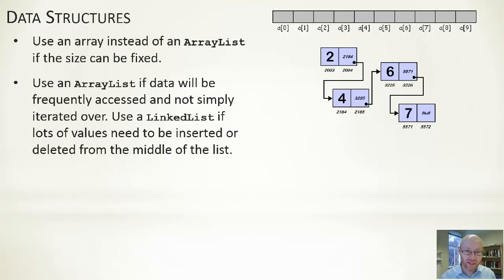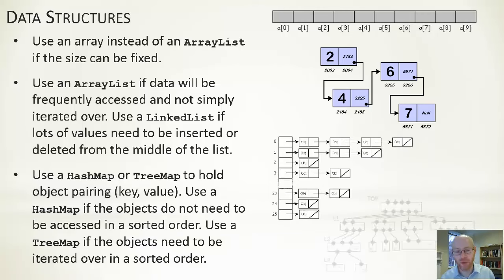A linked list you can view as a form of dynamic list. It can grow, it can change. This is a good one if you normally parse from one end to the other, and you're likely to be inserting, deleting or adding values into it. So a linked list is going to be a good data structure in that case.